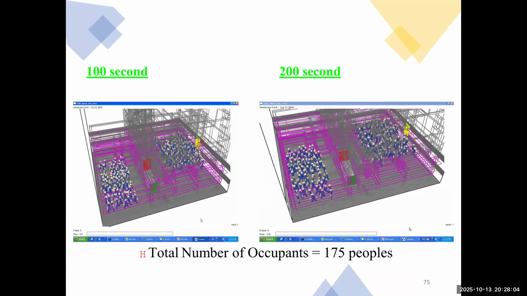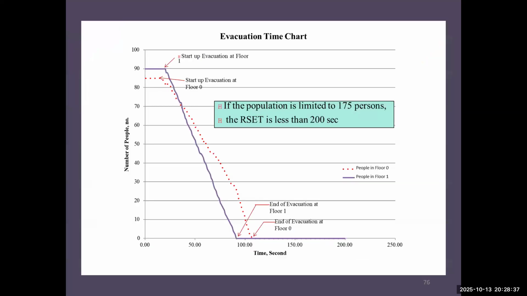Here we need to understand what will happen after 100 seconds and 200 seconds. The total number of occupants, as we said before, is 175 people. From the evacuation simulation, the video will show us the movement of people at 100 seconds and 200 seconds.